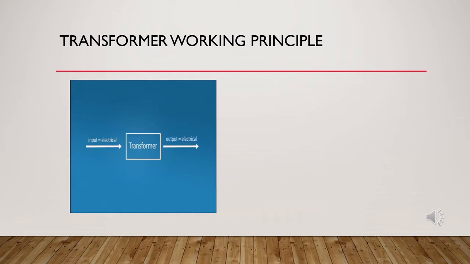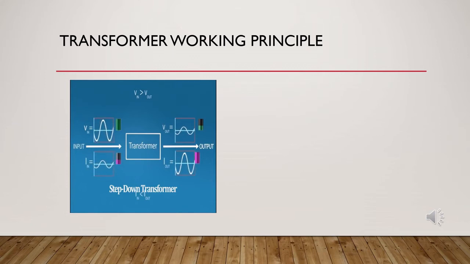Transformer is an electromagnetic static device in which input is in the form of electrical energy and output is also in electrical form. Also, the input and output both are in alternating form. Primarily, transformers are used to change the level of voltage and current.